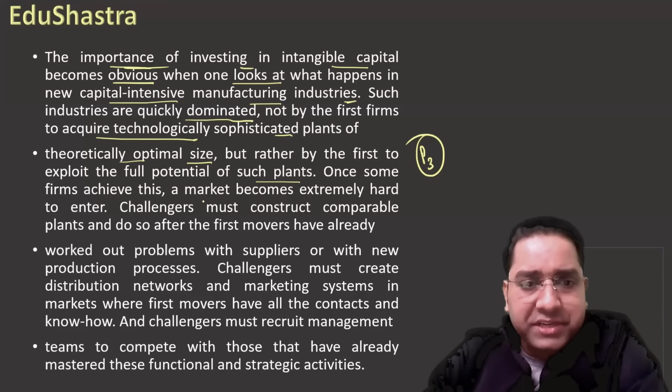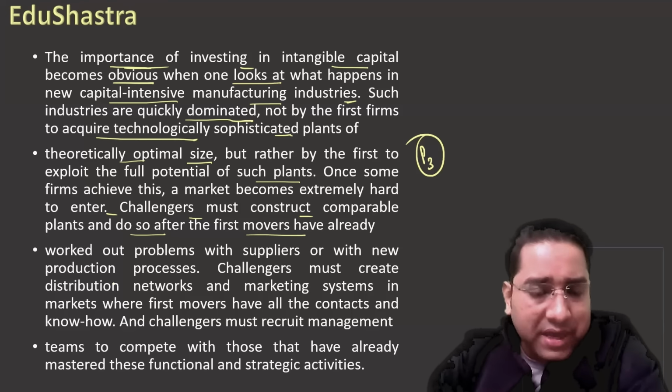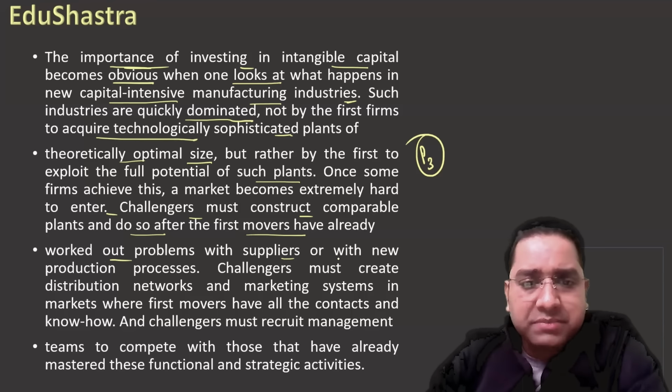Once some firms achieve this, a market becomes extremely hard to enter. Challengers must construct comparable plants and do so after the first movers have already worked out problems with the suppliers or with new production processes.